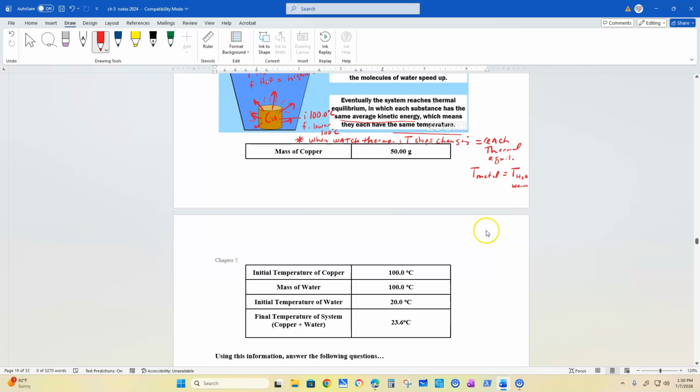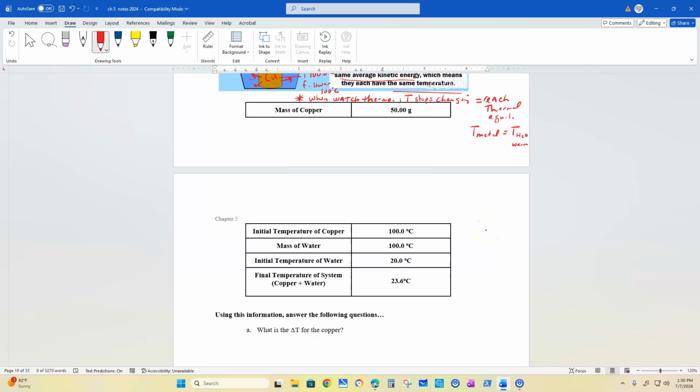So I gave you a scenario, okay? Let's say we started with a piece of metal that was 50 grams. Initially, the temperature of the copper was 100. The mass of the water was 100. The initial temperature of the water, now this is the cold water, is 20 degrees.